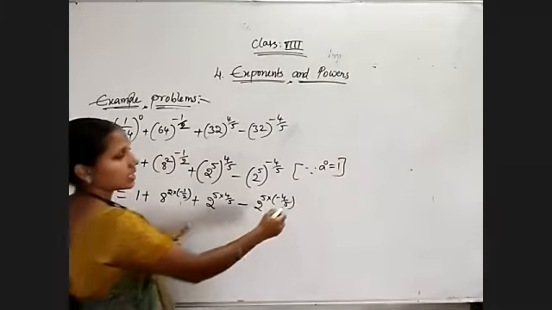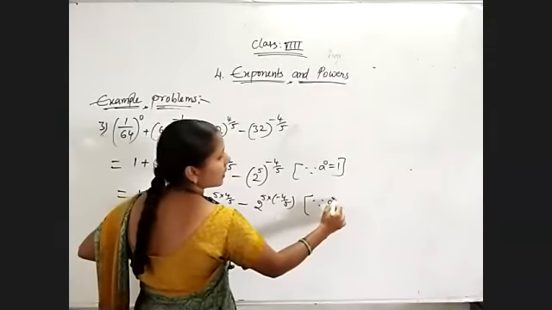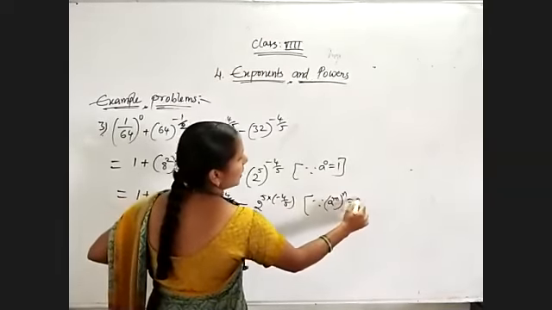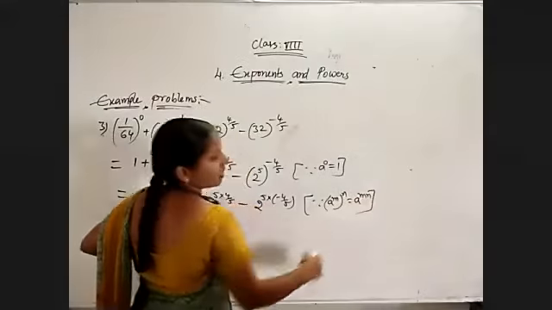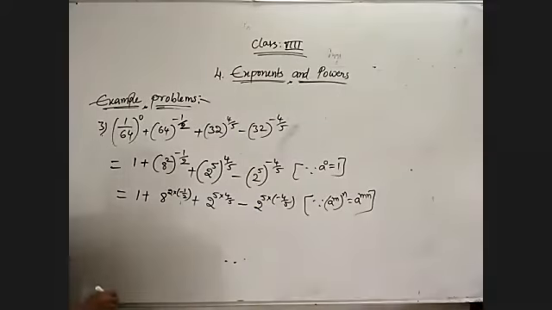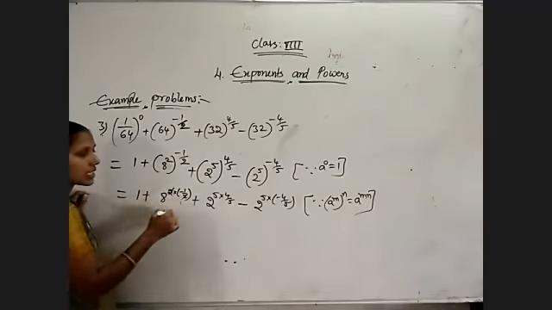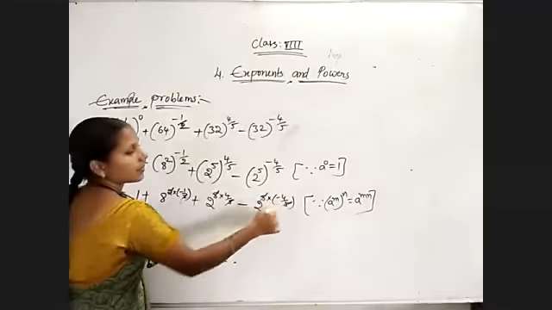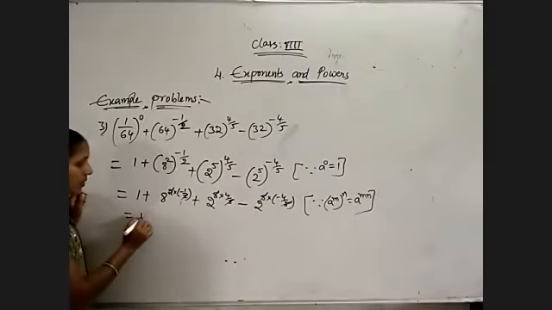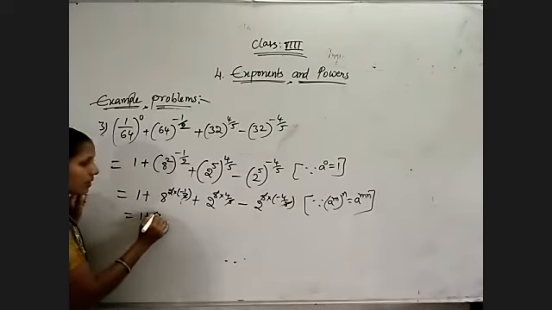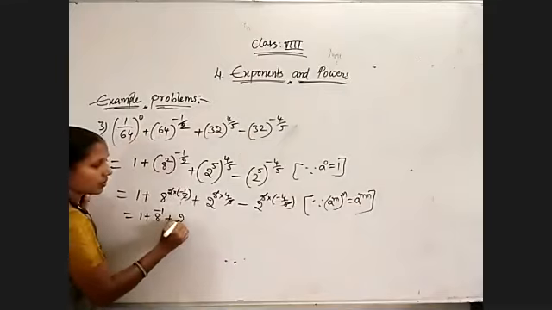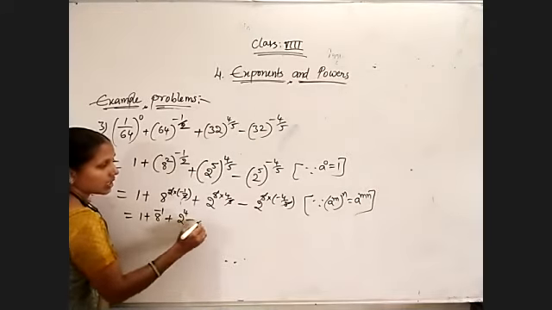And in this we are using a power m whole power n is equal to a to the power of m into n. We need to indicate the reasons also, compulsory. So 2 will get cancelled, 5 will get cancelled, 5 will get cancelled, which is equal to 1 plus 8 power minus 1 left, plus 2 to the power of 4 left, and minus 2 power minus 4 left, 2 to the power of minus 4.